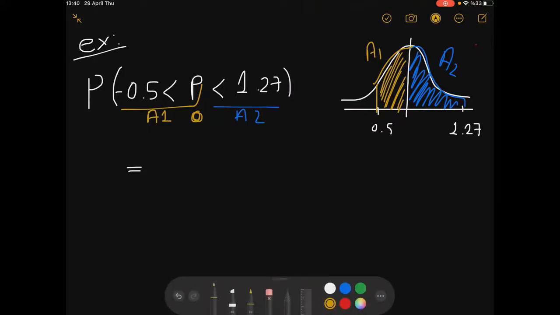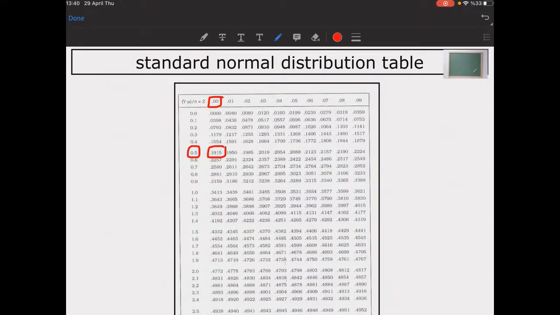Okay, 0.1915 plus the blue one, which is 1.27, right?